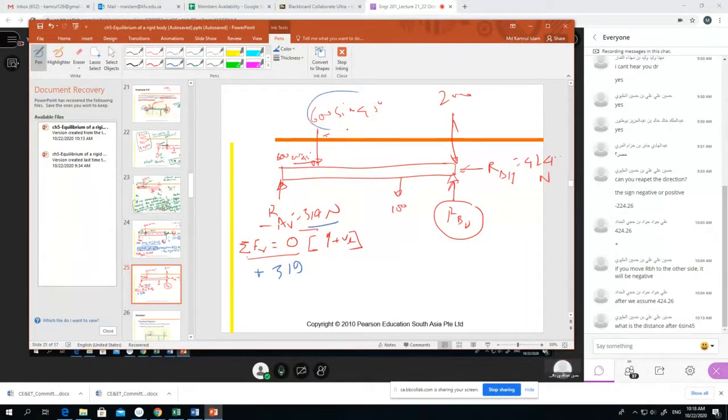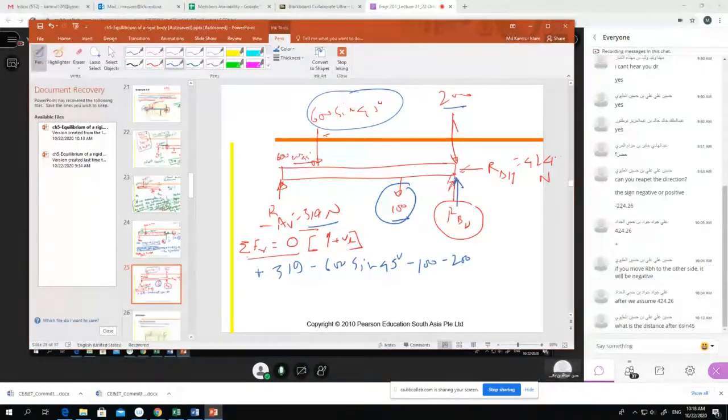Then this force is downward, so negative 600 sine 45. This is also downward, so minus 100, and this is also downward, so minus 200. Only this one is upward, so plus RVB, and there is no other force, so it will be 0.